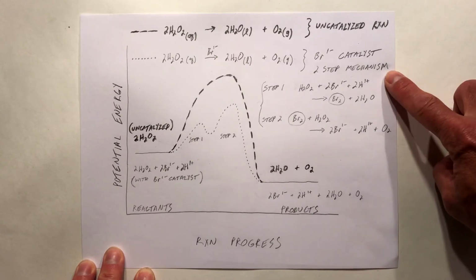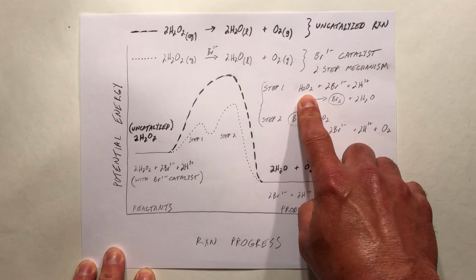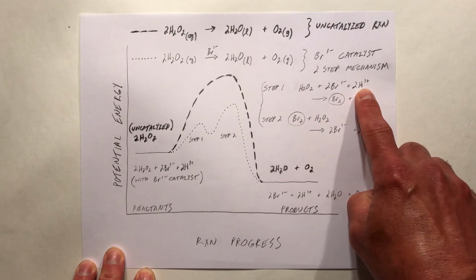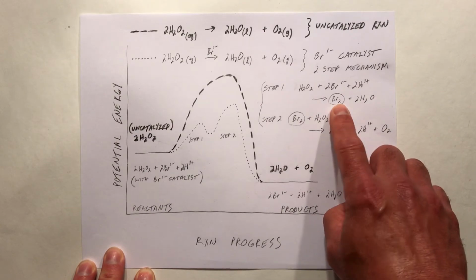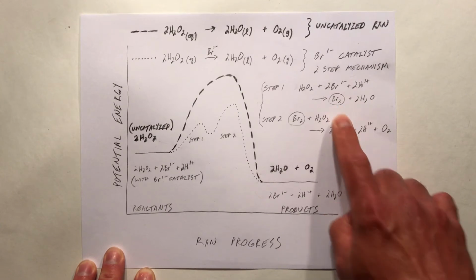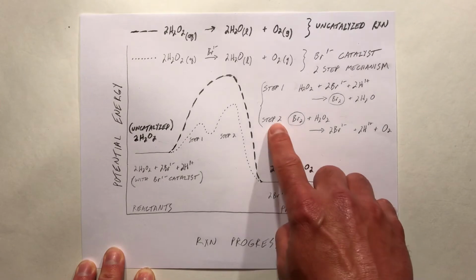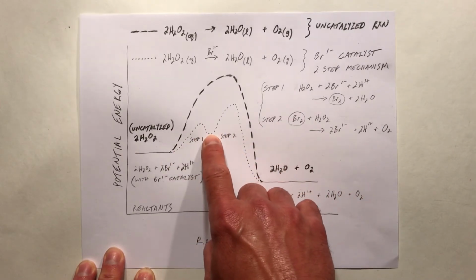Now this is a two-step reaction mechanism. In the first step, the H2O2 combines with Br1 minus, and then remember that two H1 pluses are spectators. Br2, or rather Br2 molecule, is formed, and two H2O molecules are formed. Then in the second step, so we went through the first step already, right? The Br2 would be present here.